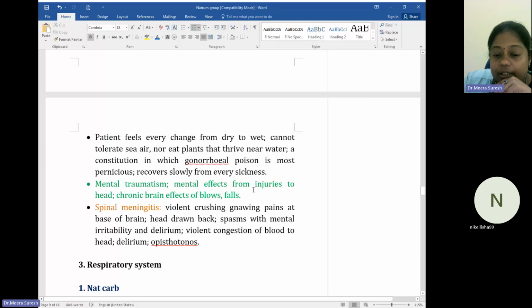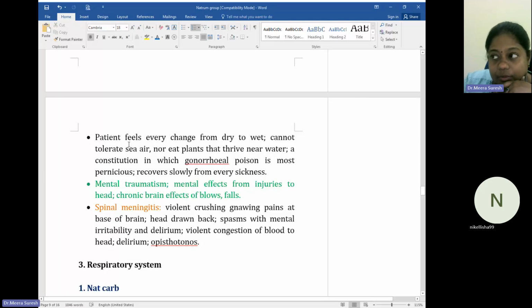There is mental traumatism, mental effects from injuries to head, chronic brain effects of blows and falls, and they also will be having complaints of meningitis, the spinal meningitis, where the crushing type of pain is very characteristic at the base of the brain, and the head will be thrown back, spasms with irritability and delirium, the typical feature of meningitis. Violent congestion of blood to head, delirium, opisthotonus, etc.